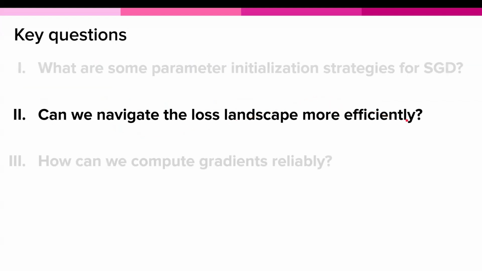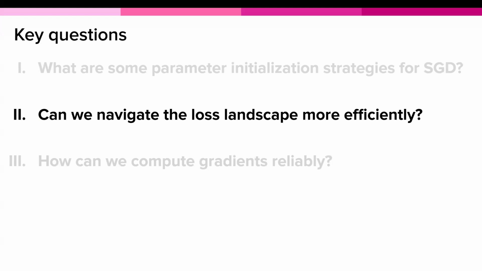Okay, so that was all about setting the initial parameters for the network. It was primarily around symmetry breaking, but then also selecting the weights to avoid the exploding and the vanishing gradient problem.